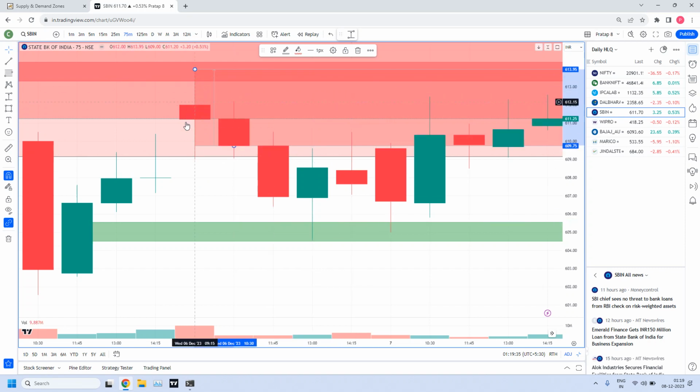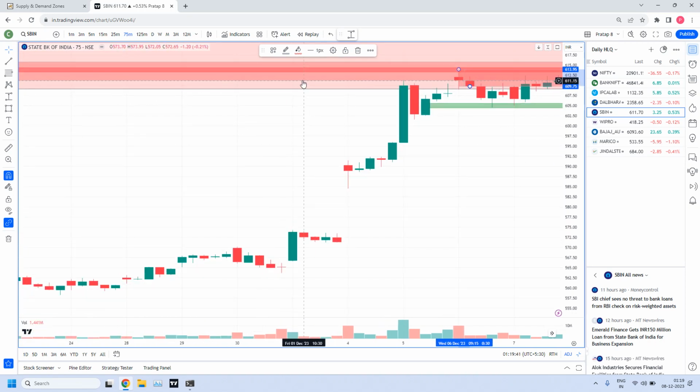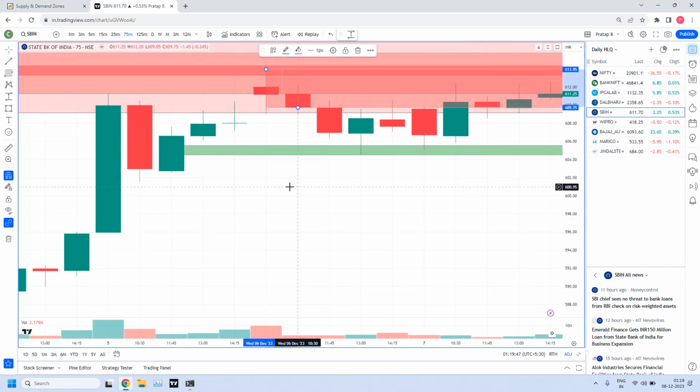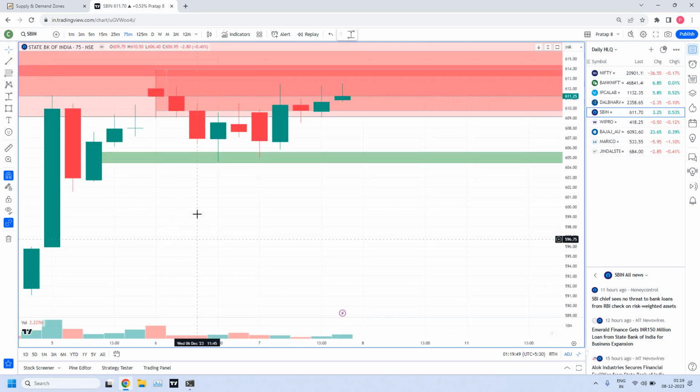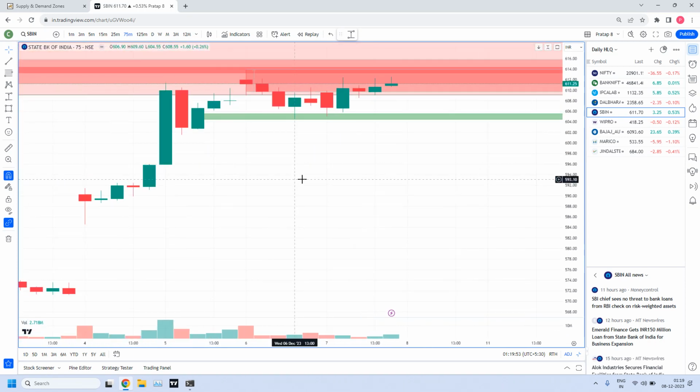See, now a new 75-minute supply zone is created. Okay, this is the new 75-minute supply zone.